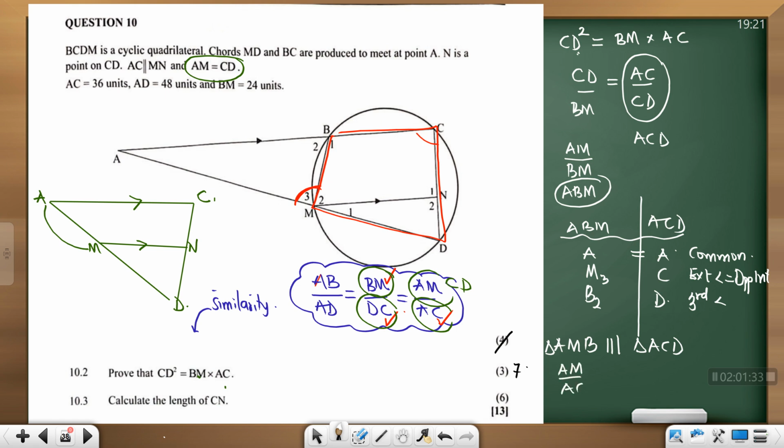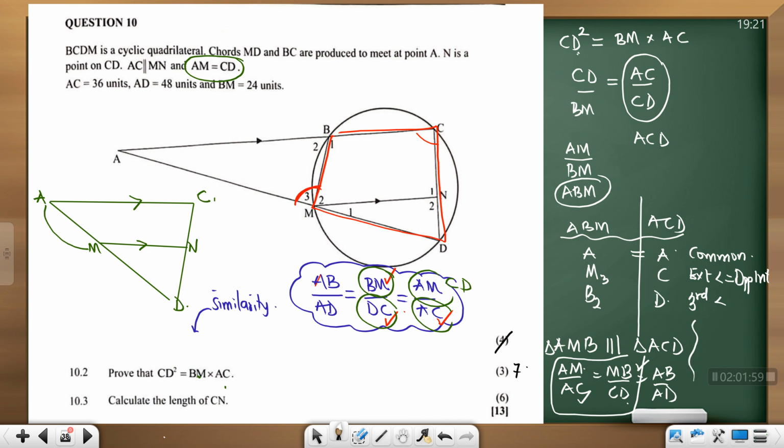Once I write that, I write my ratio. AM over AC, MB over CD, AB over AD. What am I looking for? Check your letters. I'm looking for BM and AC. Can you see already I have a pair? CD and AM. Oh, but AM is the same as what? CD.